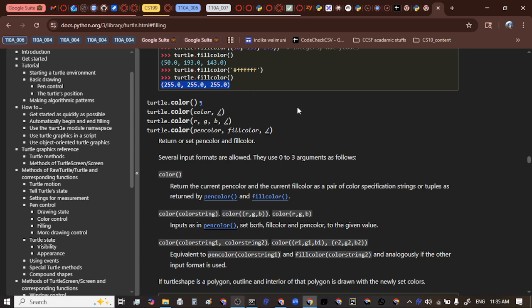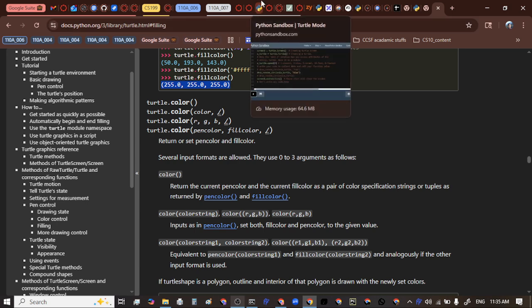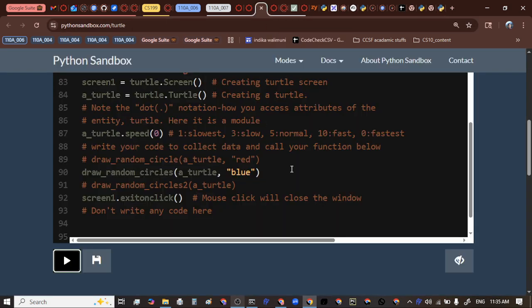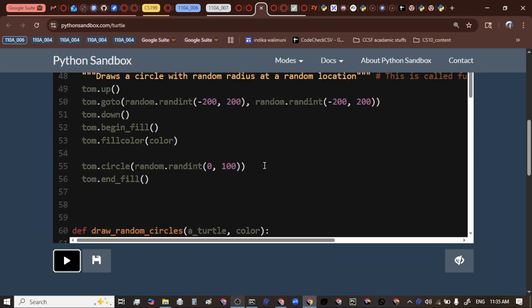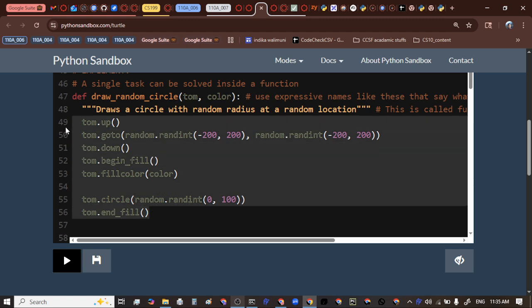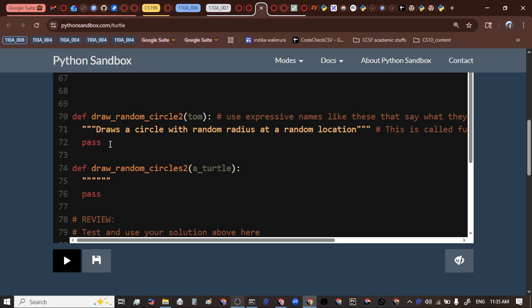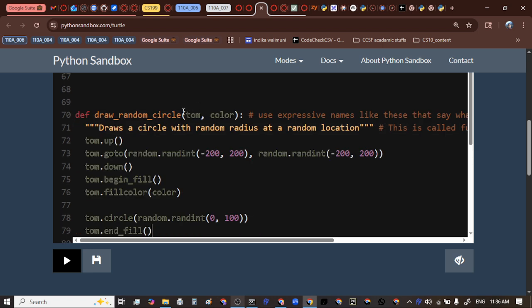So let's do that. We're gonna go over here and then change that. I'm gonna copy paste this function and then create a new one with this name. Okay, all right, so 2. And now the color is also random, so we get rid of that, right?